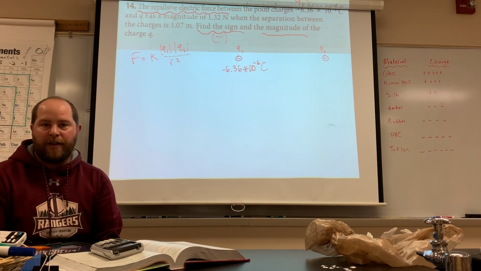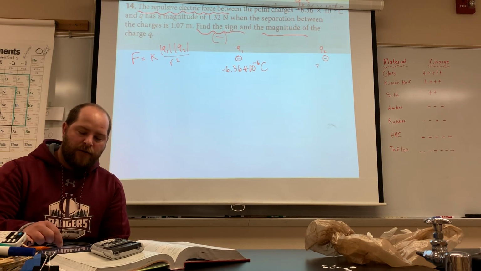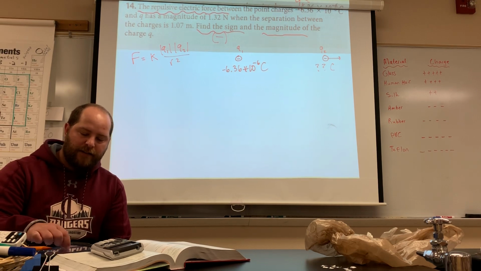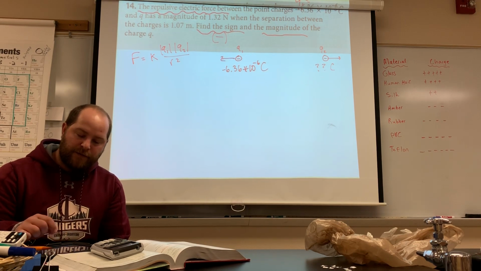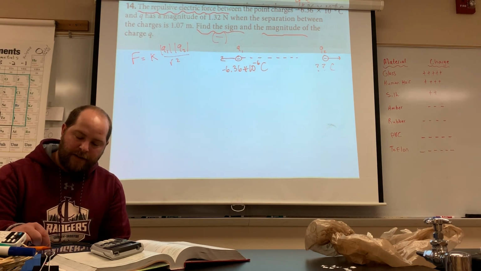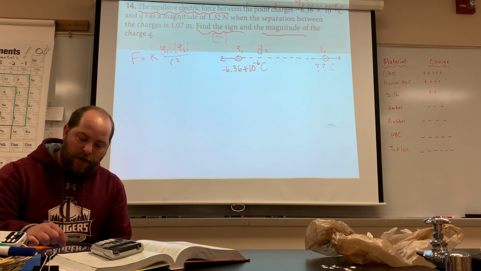So now we have to figure out the magnitude of it using Coulomb's law. Right here, we don't know how many coulombs. We know it's a repulsive force, so I can draw that in. Do we know the distance? We do know the distance, so I'm going to draw that in. We know the distance is equal to 1.07 meters.